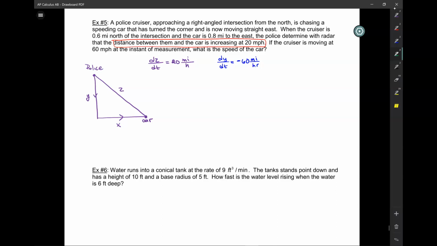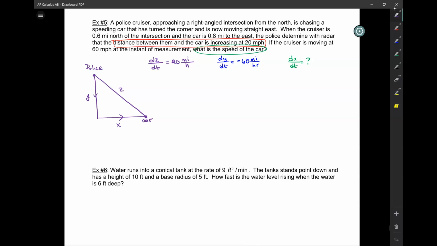Okay, so what is it that we need? What is the speed of the car? That's what I need, right? How do I write that? It's dx/dt, the rate at which x is changing. Now we have a little more information.